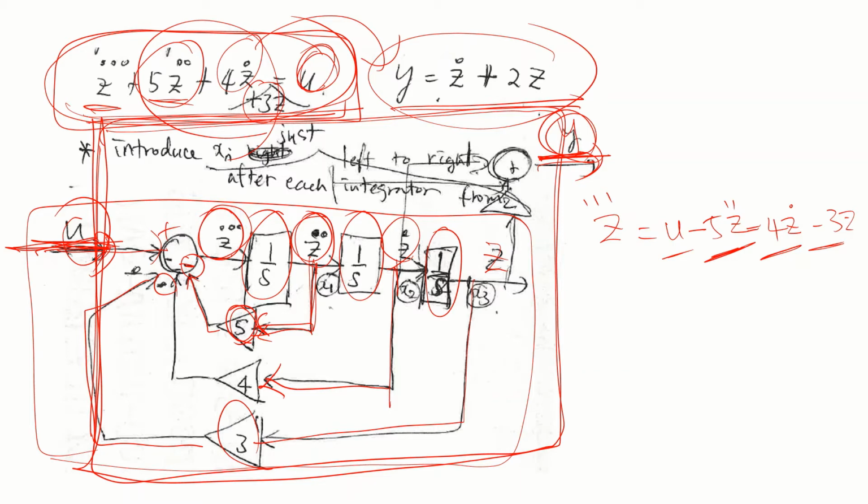We just finished the first one. The second one is y, which is the sum of z dot plus 2z. So z dot comes here now, plus 2z. Z is here, and so you just multiply the signal with 2. Okay, so you just add these two signals to get this y.